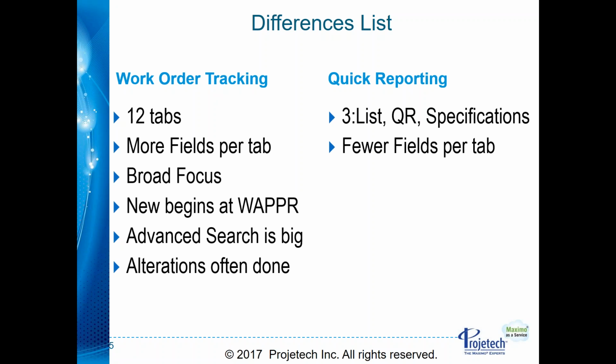There are fewer fields per tab. And I should mention there's not always a one-to-one between all the fields in work order tracking and the corresponding location in quick reporting where it would display. In some cases, and I'll talk about a couple of those, you will find things in quick reporting in a tab that are not presented the same way in work order tracking.